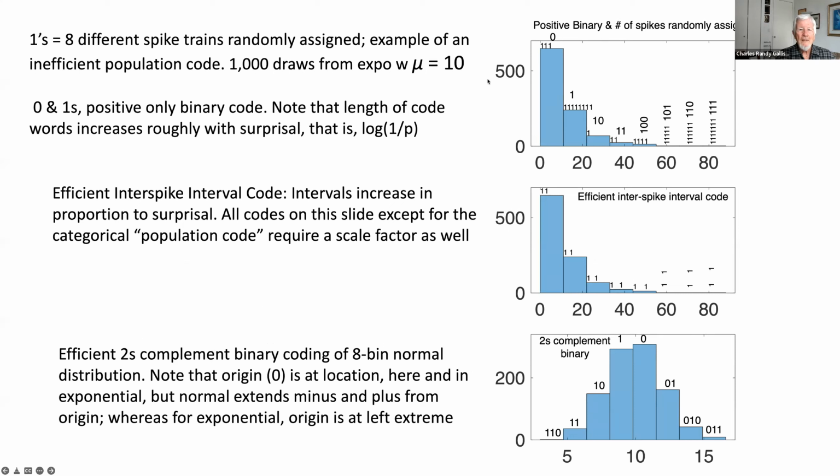Okay, so now let's look at how this plays out in encoding the different distributions, in this case the exponential and the normal, that Ben was just walking us through. So suppose we want to encode the different intervals that are exponentially distributed. Now we know from Weber's law that the brain's encoding of intervals is relatively crude.